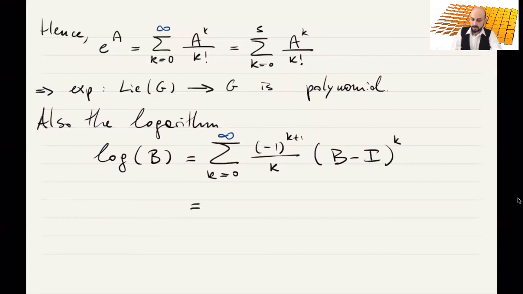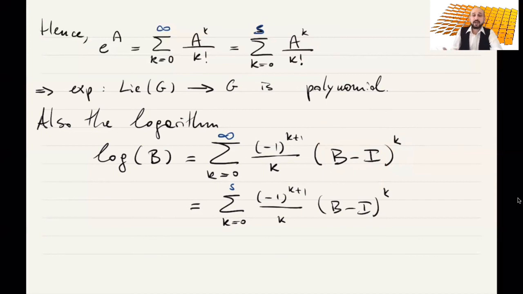Again, this matrix, in our case of a nilpotent group, is a nilpotent transformation. So as soon as k is larger than s, this is 0. So the series is the same as writing the sum from k to s of the same thing. Again, this is a polynomial map, and therefore converges for every value of b.